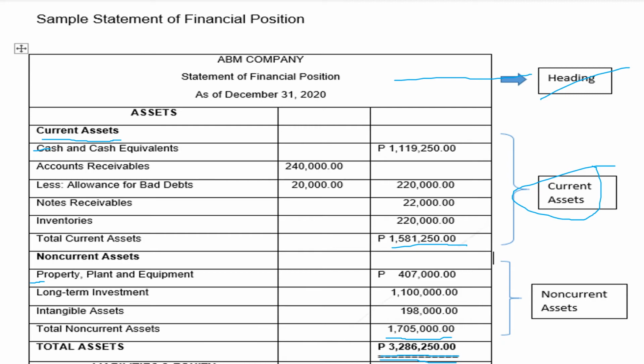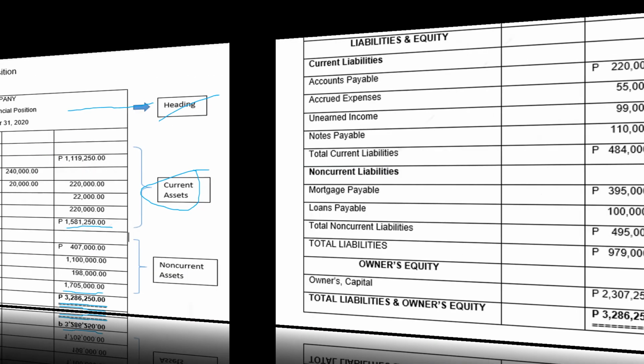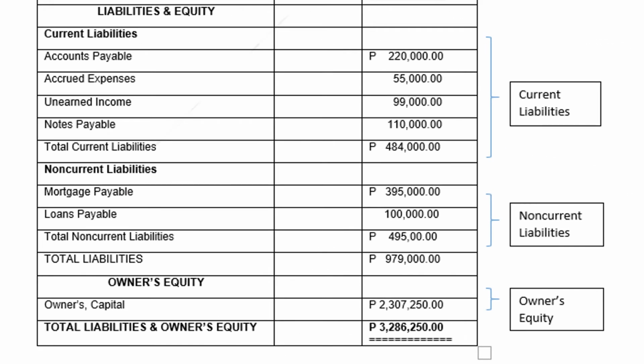Okay, next, we are in the liabilities and owner's equity side. And here we have current liabilities, which are accounts payable, accrued expenses, unearned income, notes payable, total current liabilities.